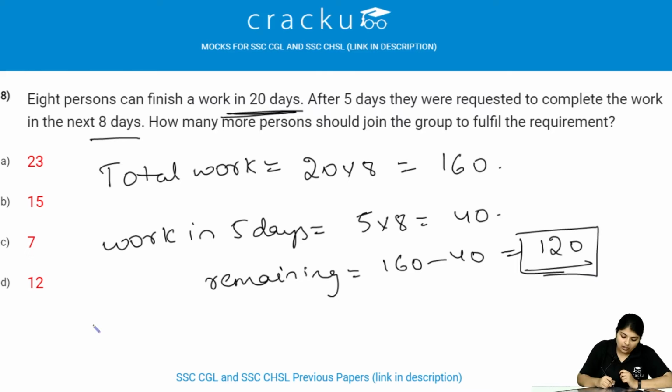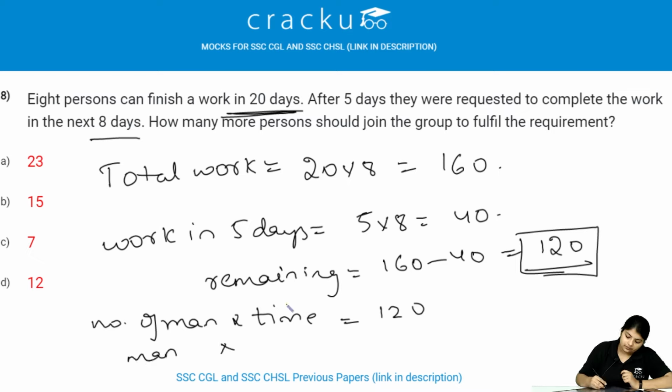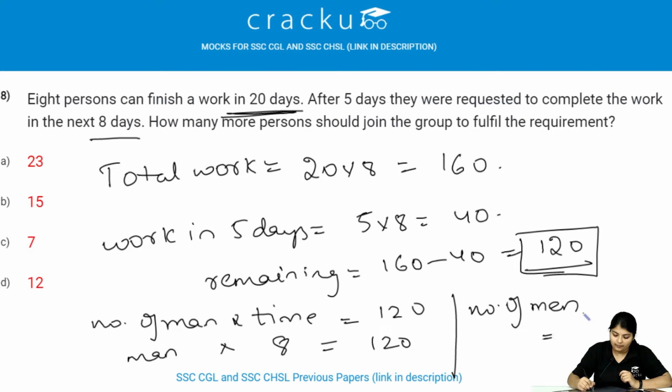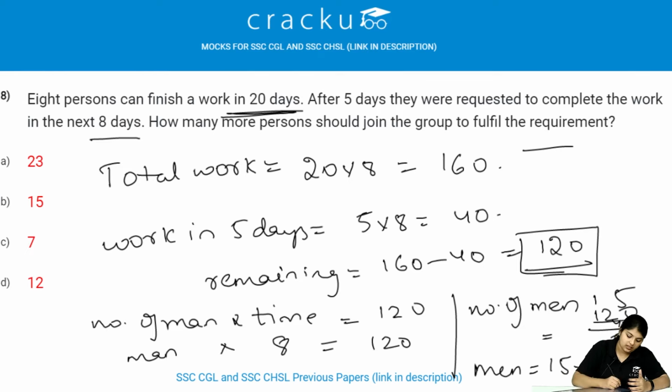According to the question, number of men into time is equal to 120. That is, number of men into 8 is equal to 120. Therefore, number of men will be 120 by 8, that is 15. Therefore, the number of persons who should join the group to fulfill the requirement is 15 minus 8, that is 7. Therefore, the answer is option C.